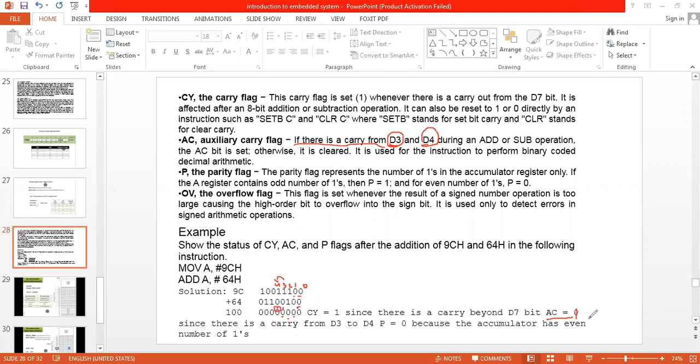So we come to know that whenever AC is equal to 1, there is a carry from D3 to D4. And whenever CY is equal to 1, we should understand that there is a carry out of the D7 bit.